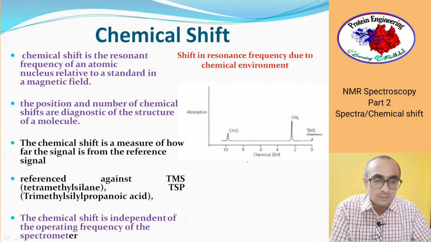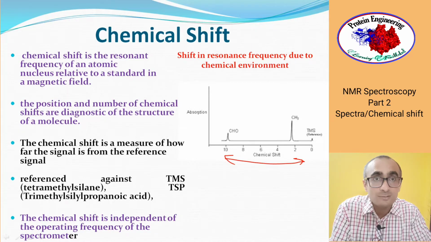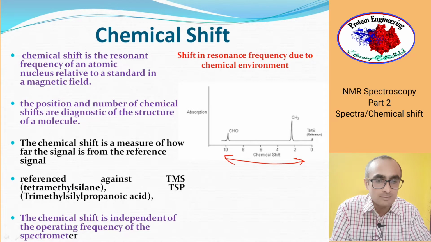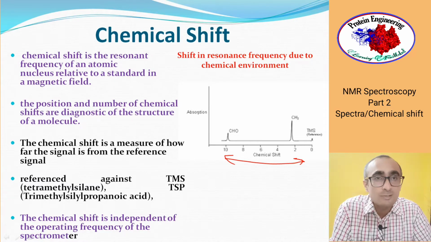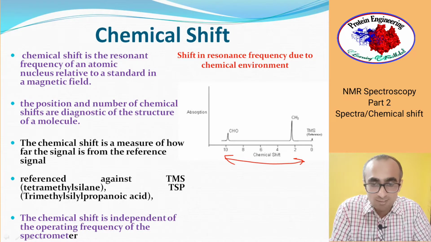This location of different peaks in NMR spectra is basically called chemical shift, and this is actually the shift in the resonance frequency due to chemical environment. That's why it's called chemical shift. So the chemical shift is the resonant frequency of an atomic nucleus relative to a standard in the magnetic field.